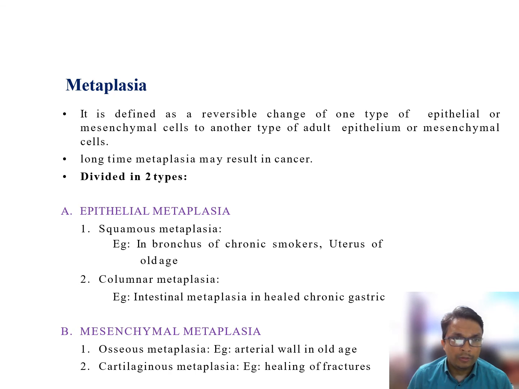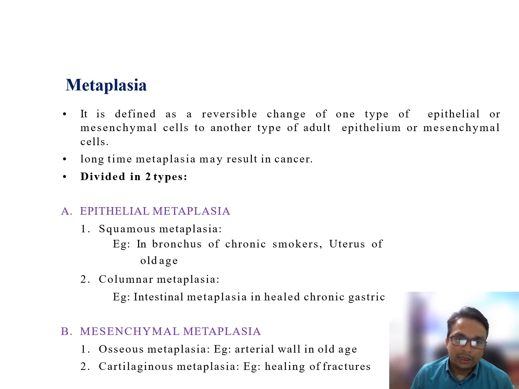If you talk about the types of metaplasia, there is epithelial metaplasia. You can see the example of squamous metaplasia in the bronchus of chronic smokers, where the epithelial tissues present there can convert themselves to mucosal or goblet cells.